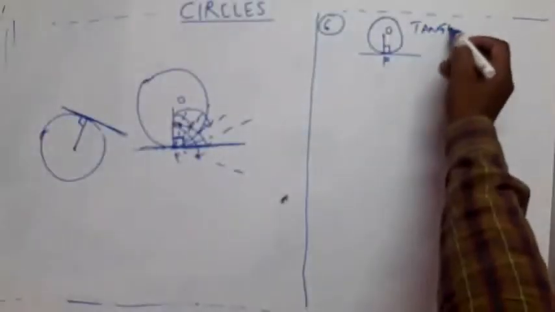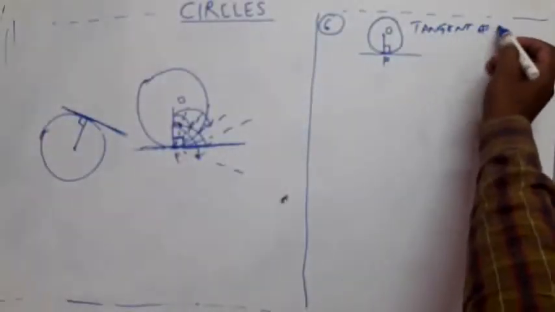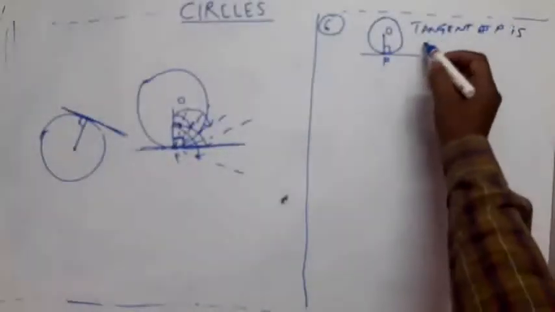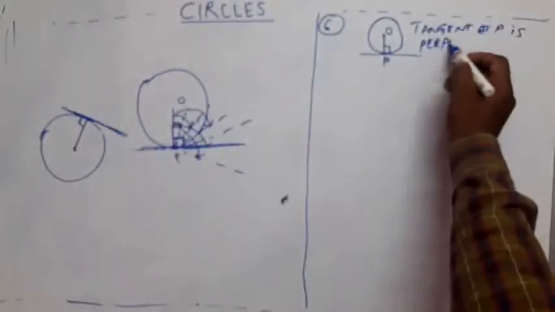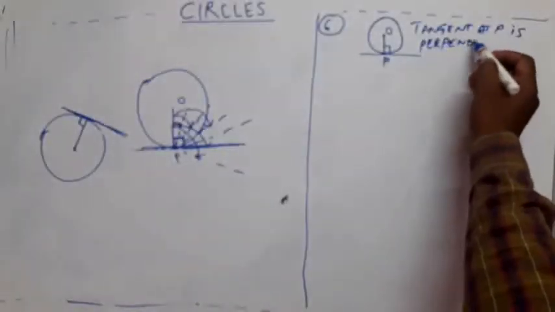So, the tangent at P is perpendicular to the radius through P.